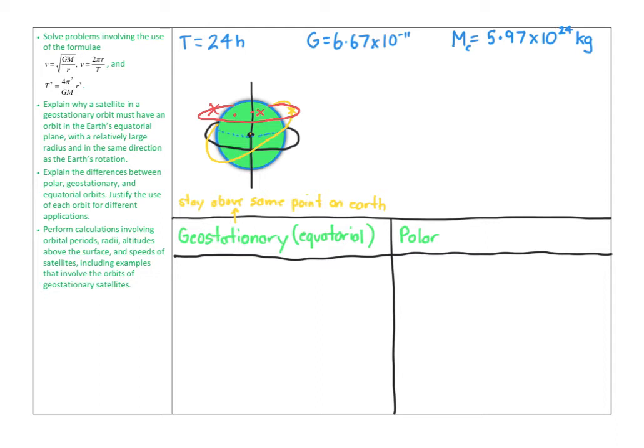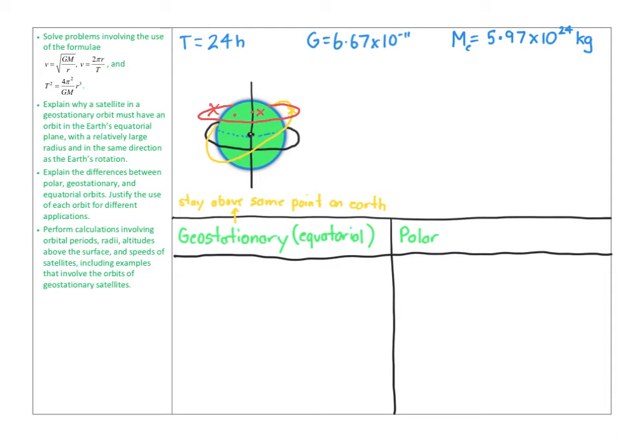Sometimes it's easier to demonstrate if the negative applied, then it wouldn't work. That's what I'm trying to say there. It's just a different way to explain points. So we've explained why it has to have an equatorial orbit with the same period as the Earth.